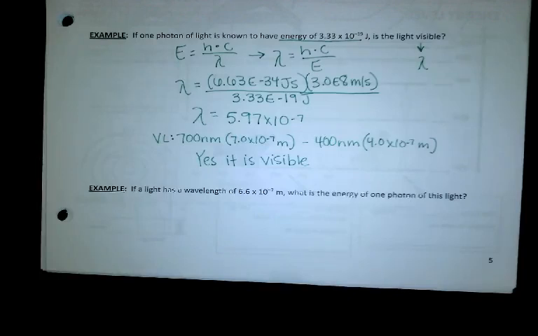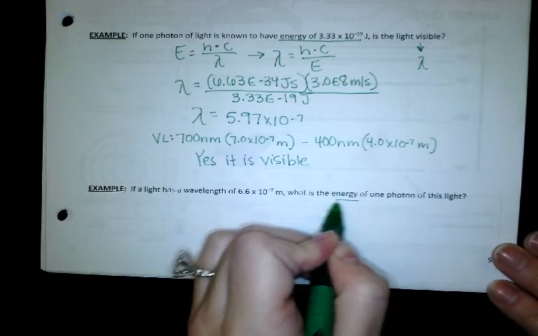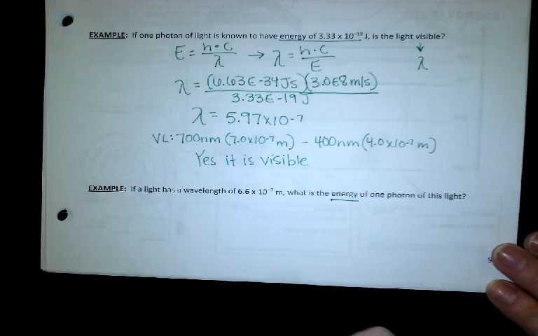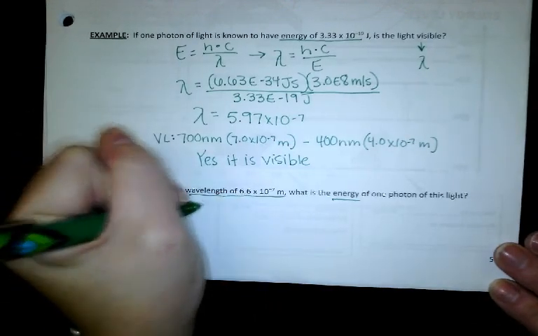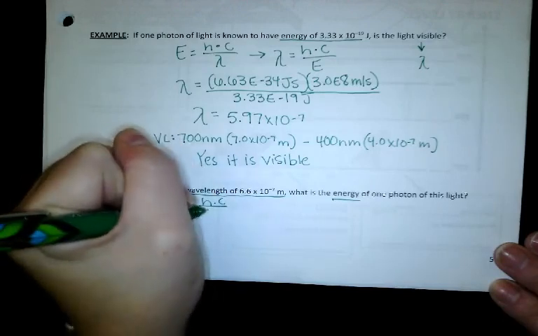And we're given wavelength. So we're going to use the formula E equals Planck's constant times the speed of light divided by wavelength. And so I can just plug it in. I don't have to rearrange it.